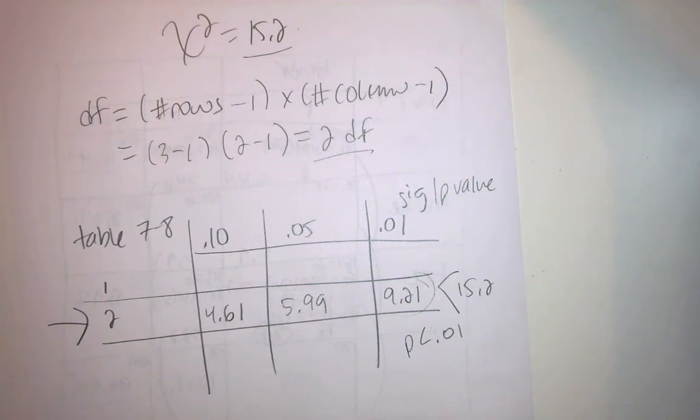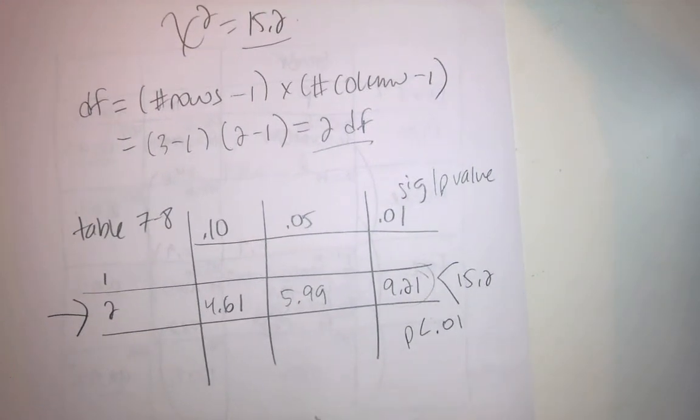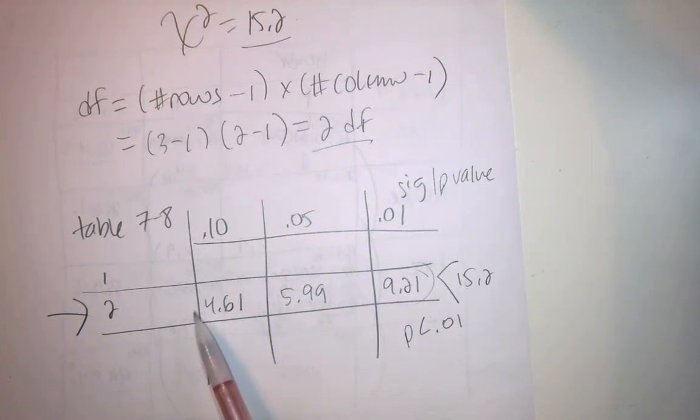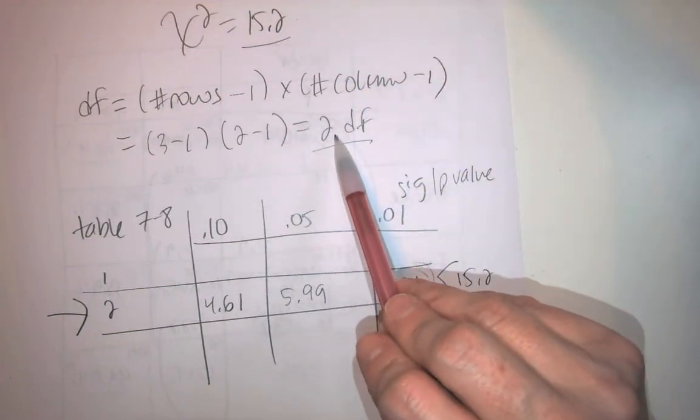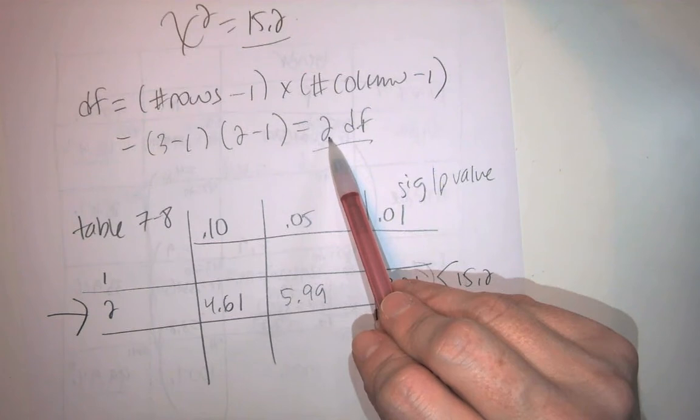So we would fail to reject our null hypothesis if your chi-square is less than these critical values. Again, this is like the t-test that we learned earlier in chapter 7. So to review, we take our chi-square, find our chi-square table using our degrees of freedom.